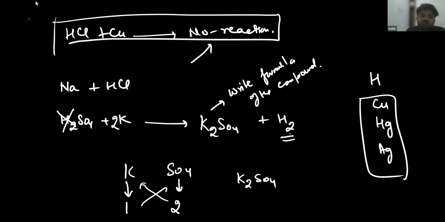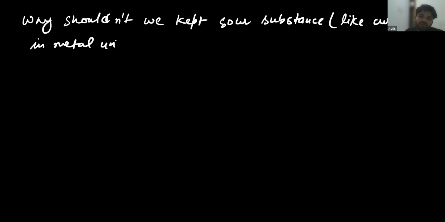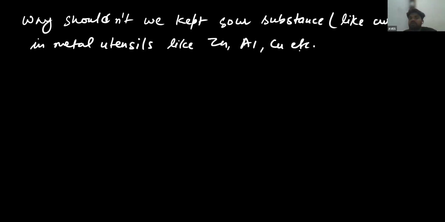The question is: why should we not keep sour substances like curd in metal utensils, like copper, zinc, aluminum, etc.? This is an NCERT question.